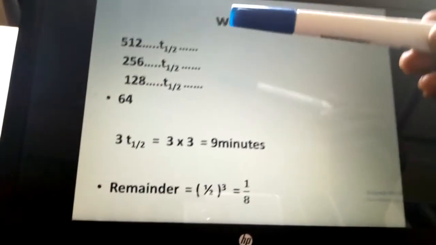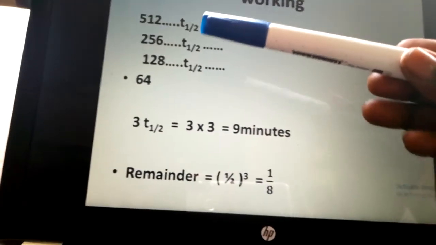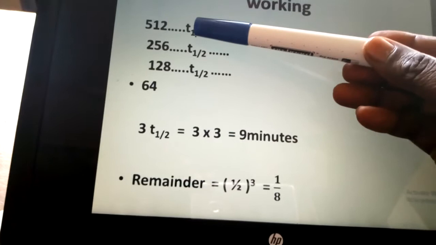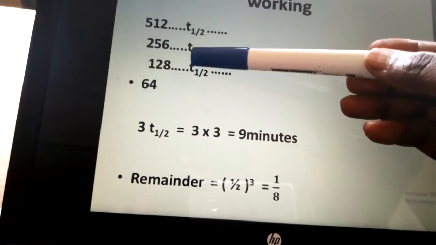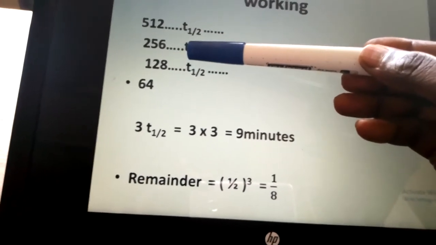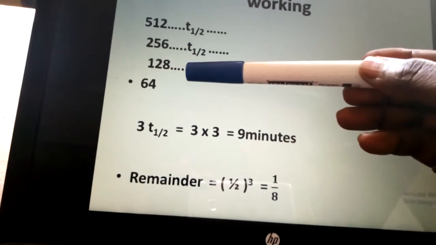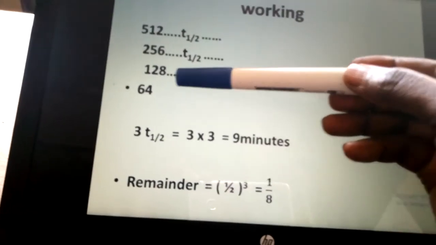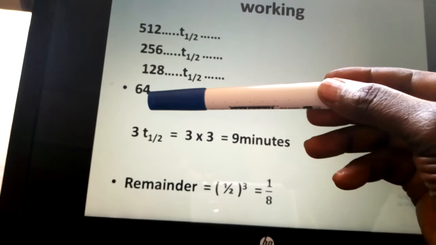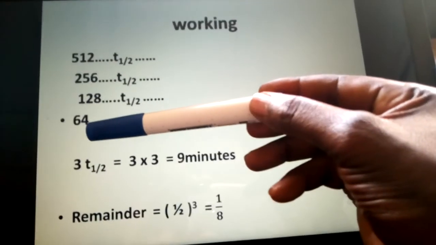So if you look at that procedure, this is the first 3 minutes. It brings us here. The next 3 minutes, it brings us here. The next 3 minutes, it comes to the figure which is required, 64.